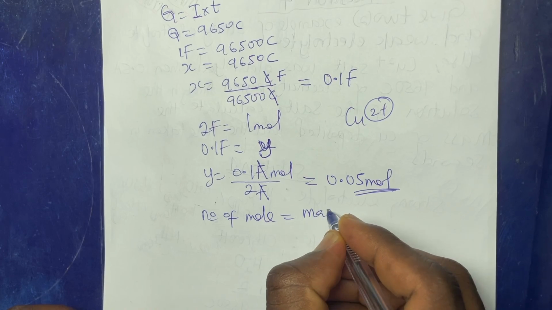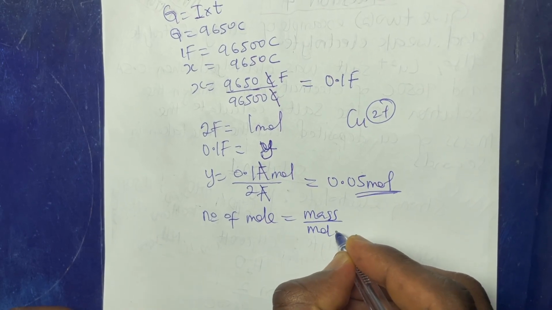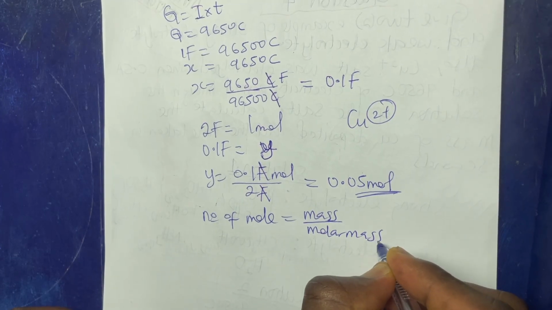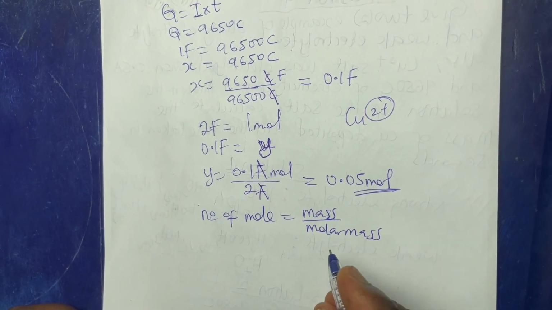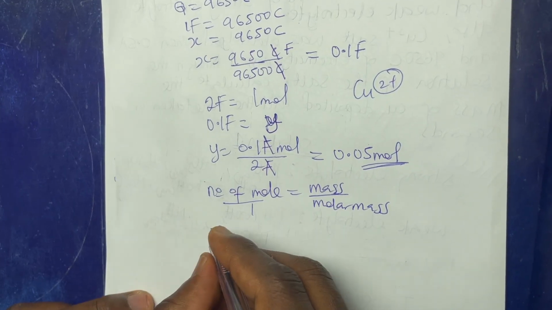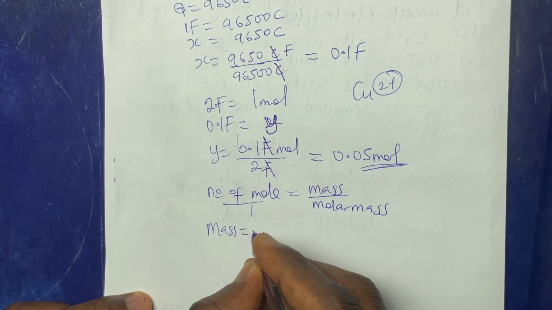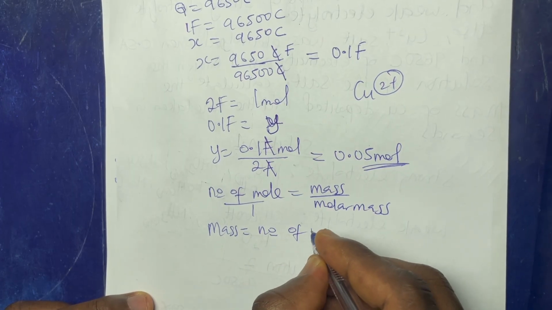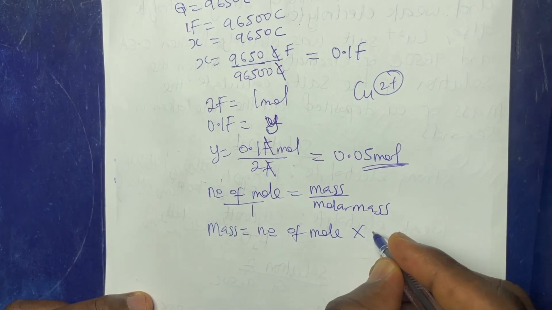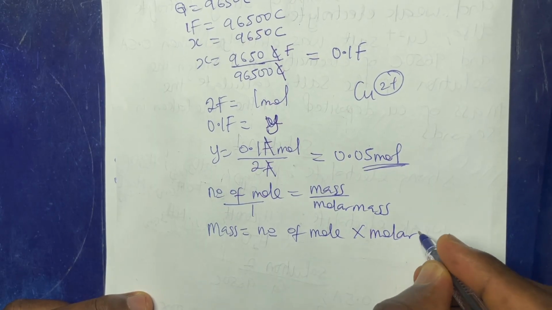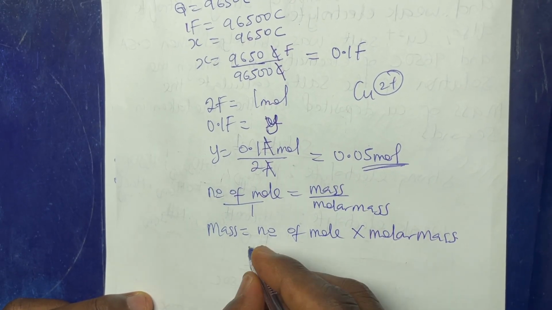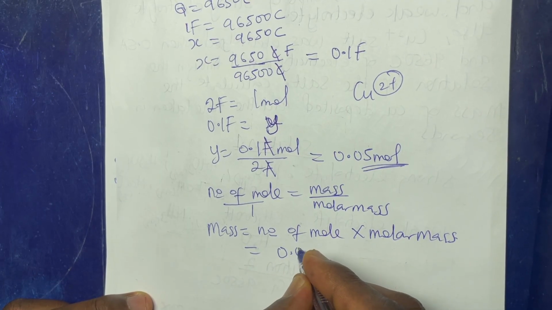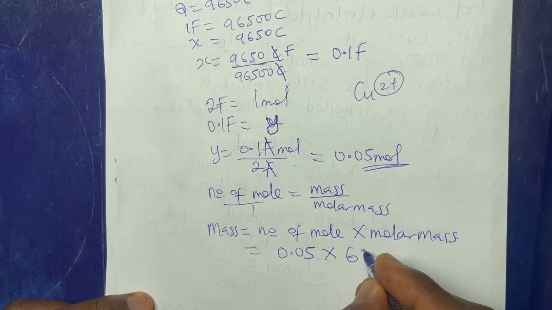So I've gotten the mole, and now I can get the mass from number of mole equals mass over molar mass. So mass equals number of mole times molar mass, where number of mole is 0.05 and molar mass is 63.